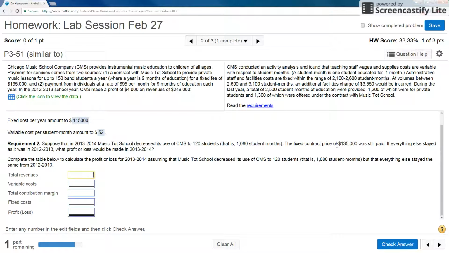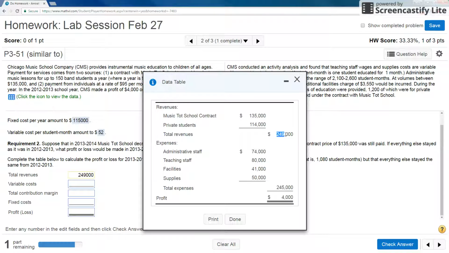Since the fixed cost is paid, our revenue doesn't change, and the number that is decreased is based on the people who are using that contract. So our revenue doesn't change. It's $249,000 on the table that we have here.